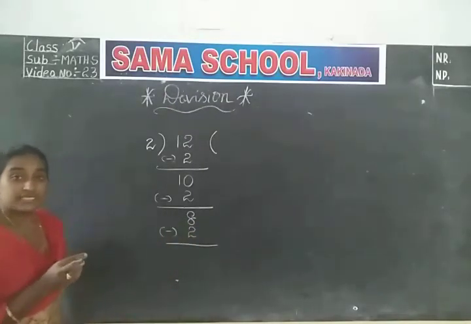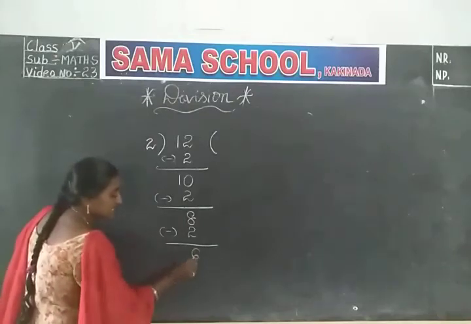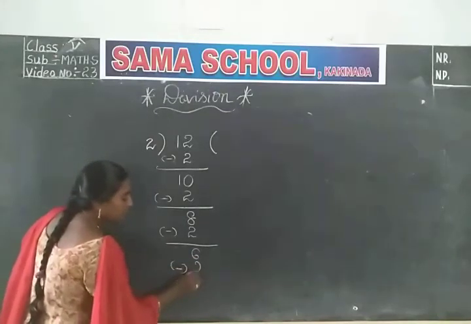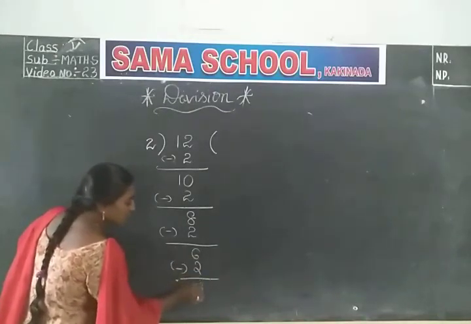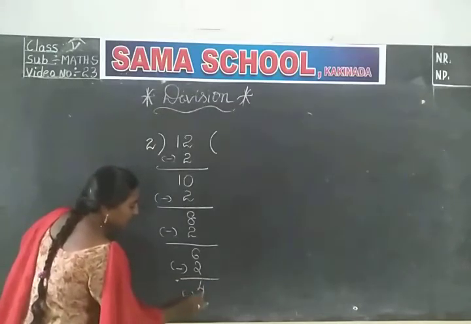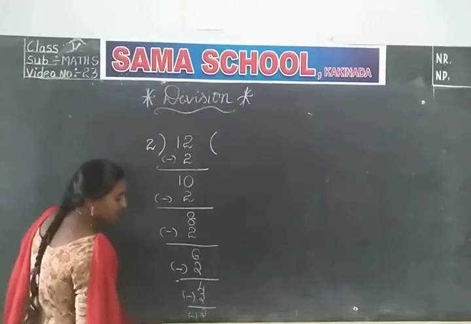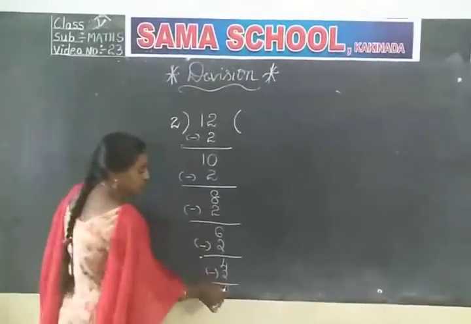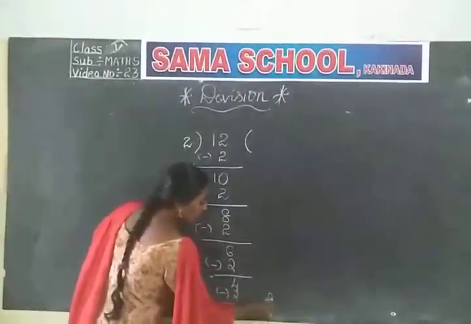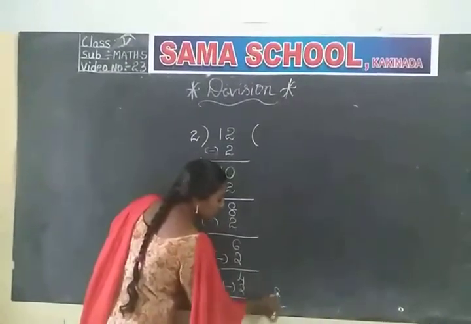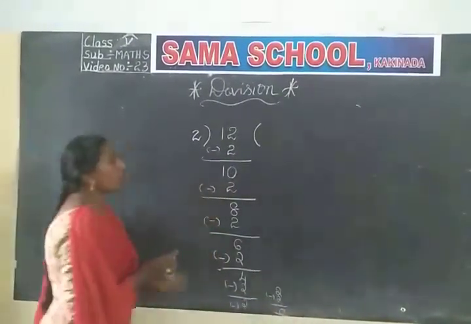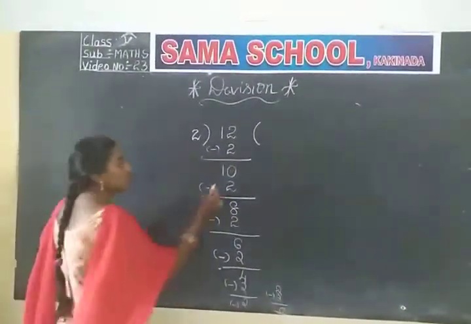This 8 minus 2, how much? 6. Again 2. 6 minus 2, 4. Again 2. 4 minus 2, 2. Again, see here the place is not sufficient. I am going here. 2 minus 2, 0.